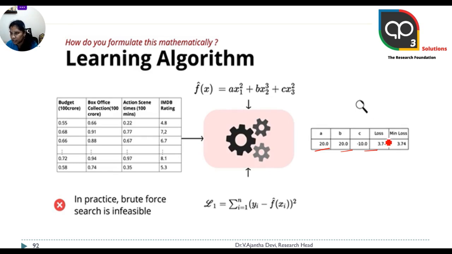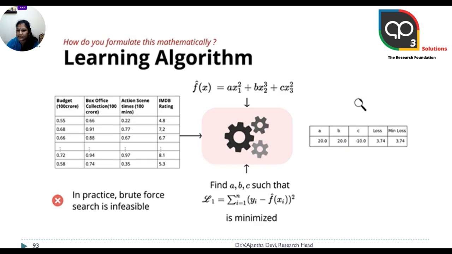What that means is, if I substitute A equal to 20, B equal to 20 and C equal to minus 10 in this equation, then I feed in the value of X one row at a time and the corresponding Y. If I compute using this function, the output of the function is going to be very close to the true output.